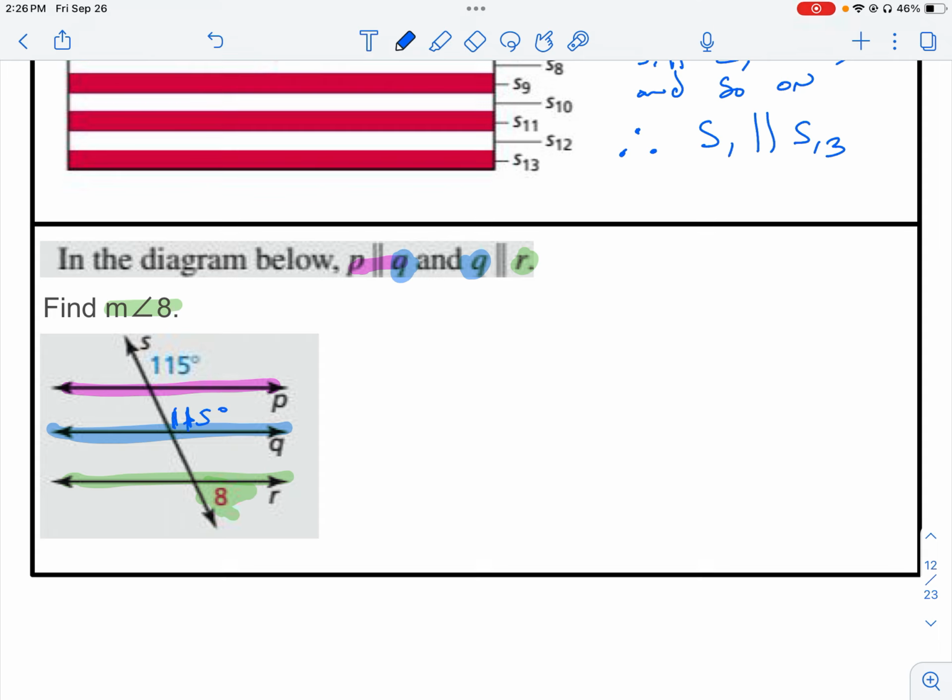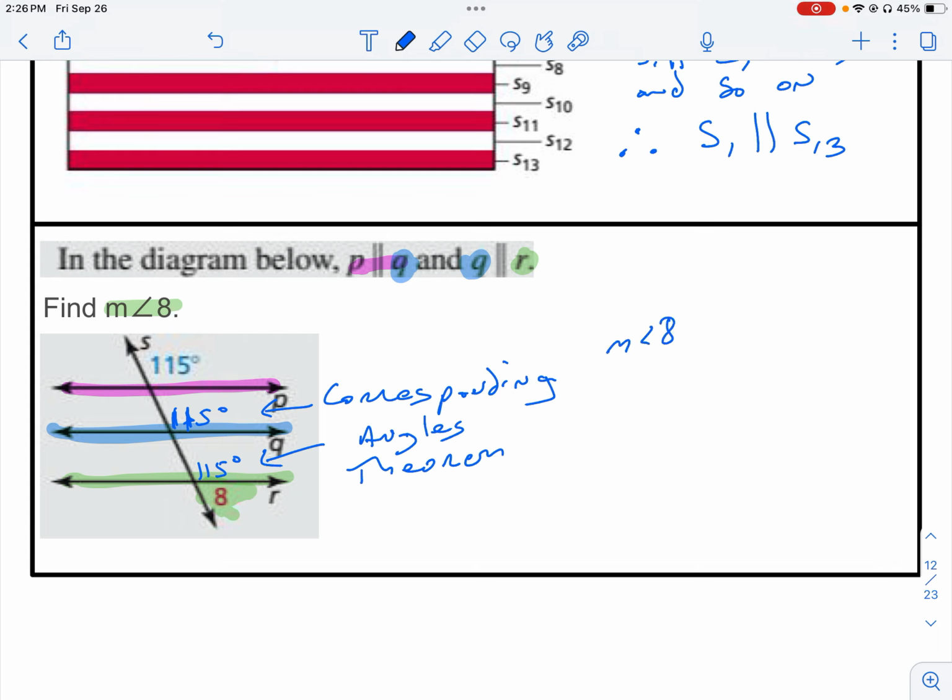Q is parallel to R, so this has to be 115 degrees because of the corresponding angles theorem. So angle 8 and 115 are a linear pair.